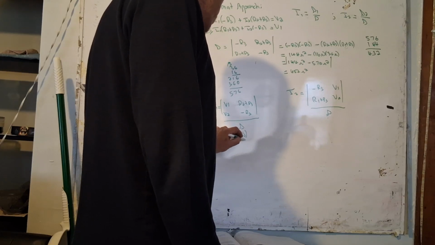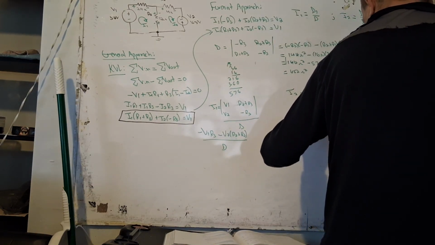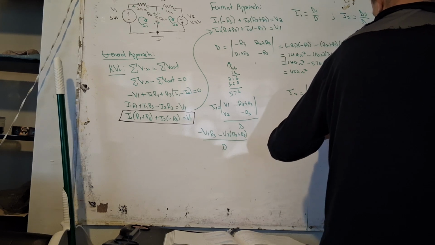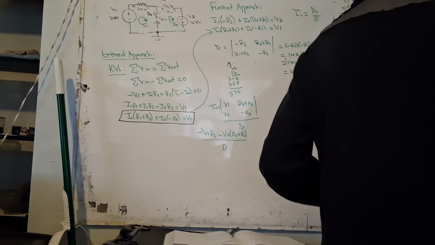So I'm going to add those values in, and that's going to be divided by D. This one, negative V2 R3 minus V1 times R1 plus R3. That's over D. Okay.